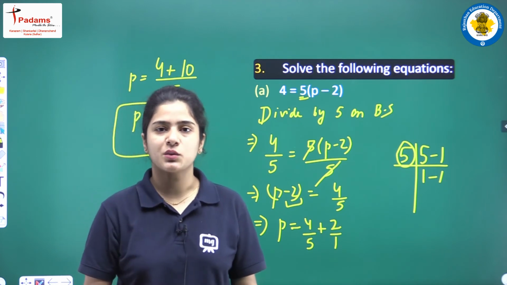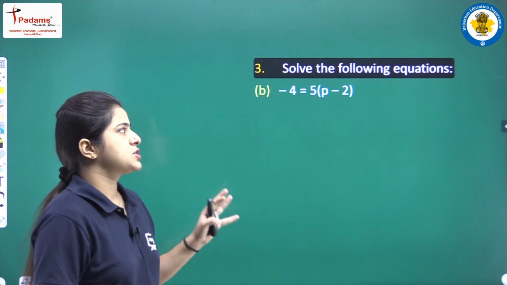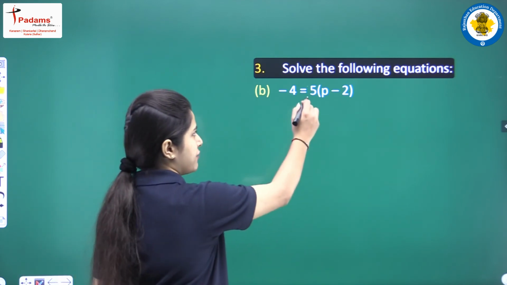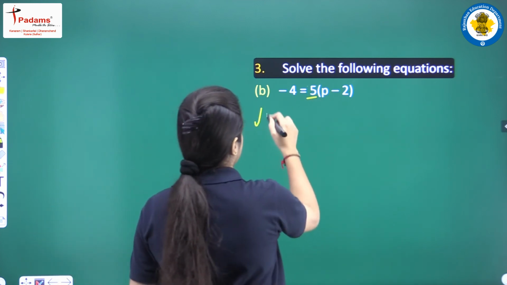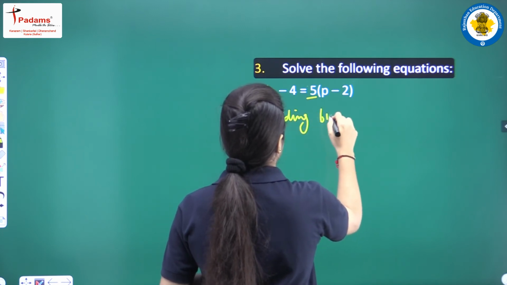Having a look at another question, students, part B. Minus 4 is equal to 5 into p minus 2. Now students, you have to divide by 5 on both the sides to eliminate this 5. So minus 4 is equal to 5 into p minus 2 upon 5, dividing by 5 on both sides.